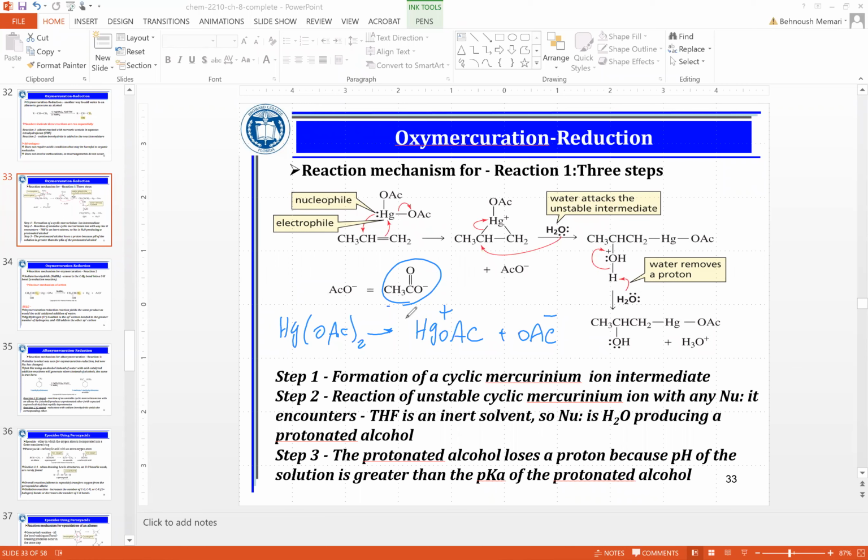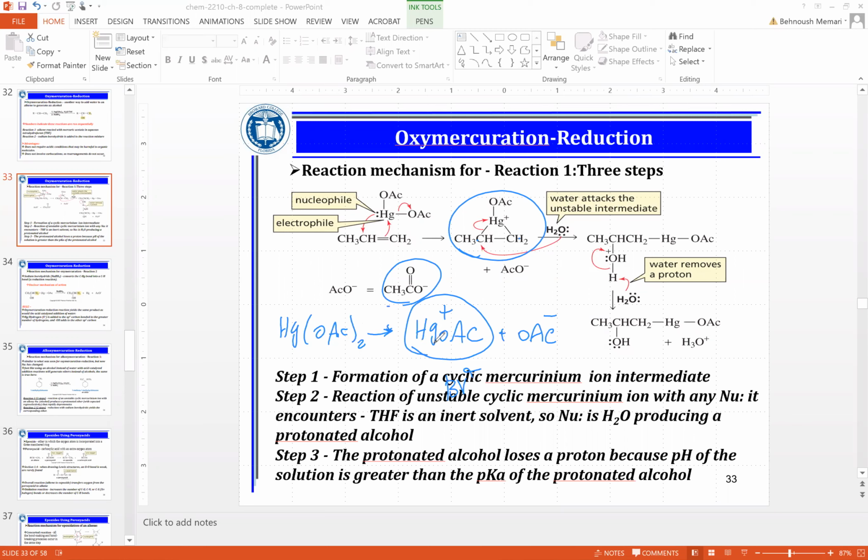So the HgOAc with the positive charge is going to act like the Br plus that you had in bromination. And the HgOAc is going to form a triangle with the carbon-carbon double bond. If you look at this, or you add this to your notes, because it's not in the PowerPoint, it would dissociate.